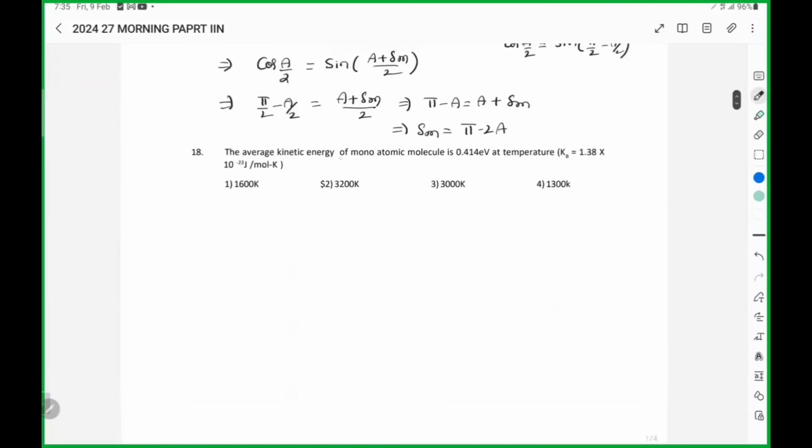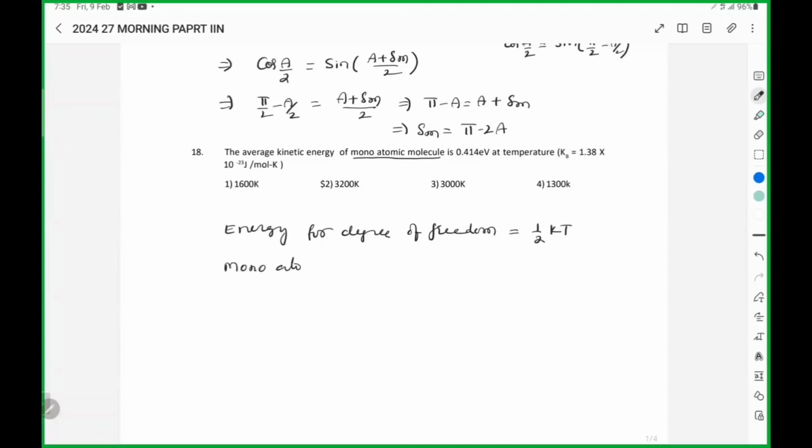So here, the average kinetic energy of a monoatomic molecule. The energy for 1 degree of freedom for any molecule is half kT.